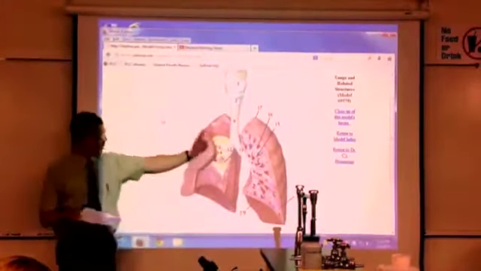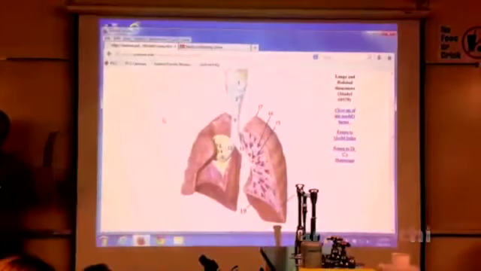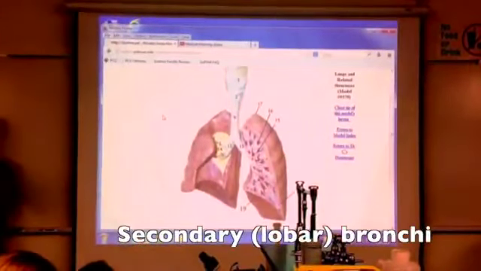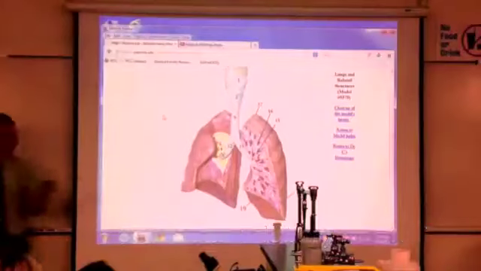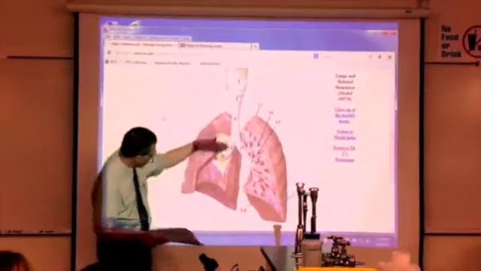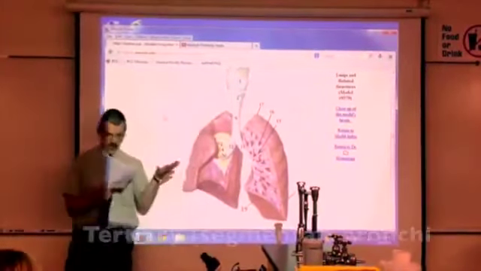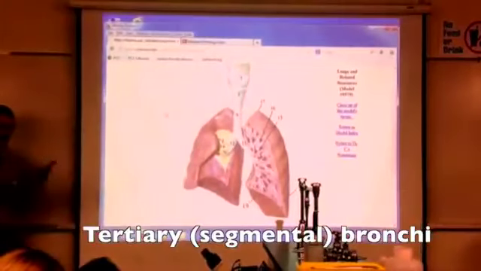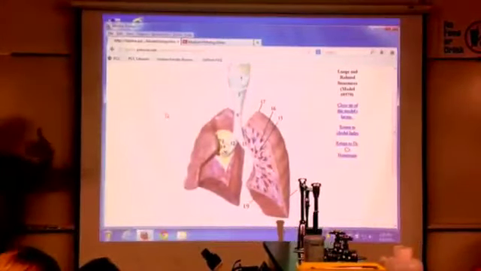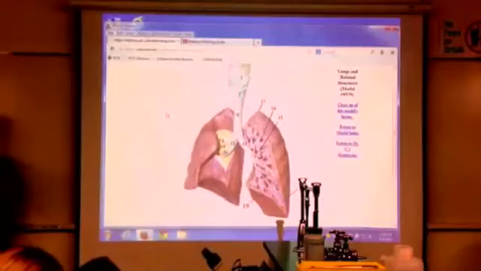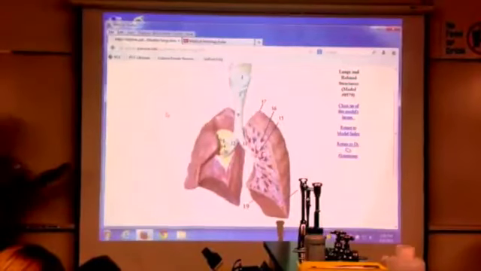So how about number 14? Secondary. Secondary, they're the next split, right? So there's secondary, also called lobars. And then there'd be a split further down, which you can't really see. Tertiary. It'd be tertiary or segmental. Those are all, so 1 to 2, 2 to whatever, on and so forth. All right? So then what would come after your tertiary bronchi?